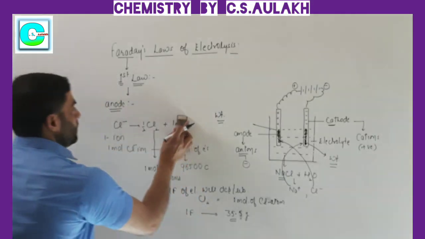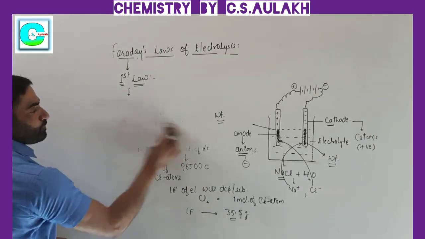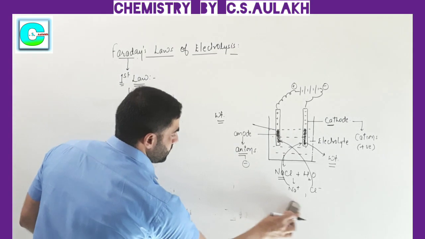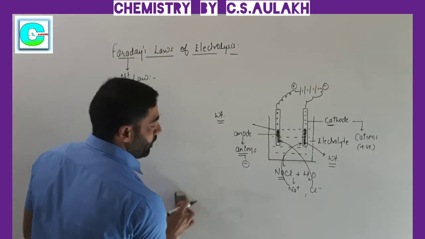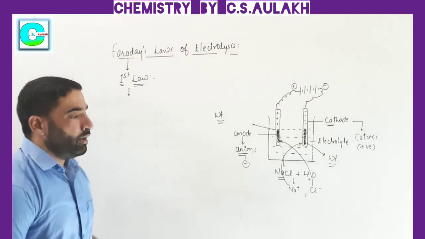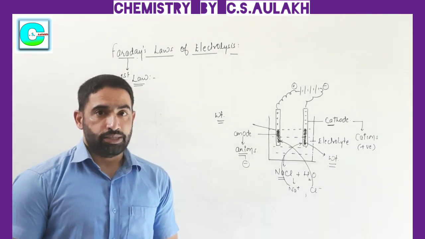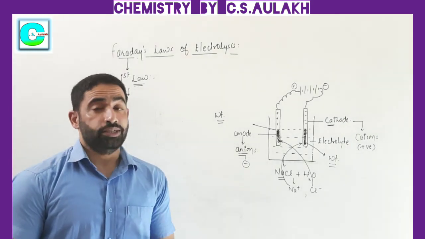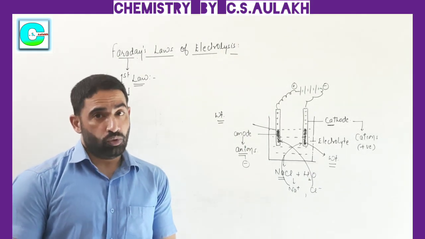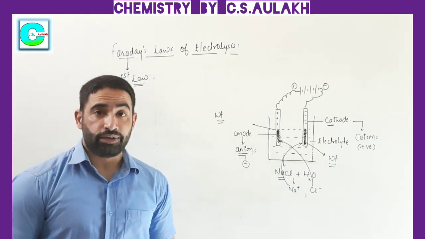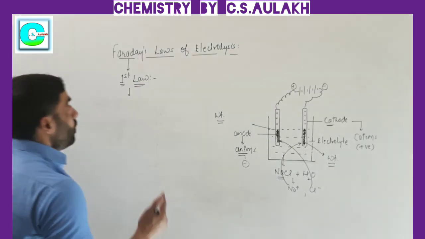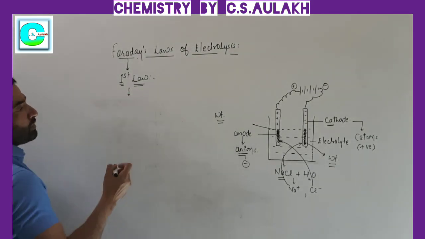For this, Faraday gave a law. So what is the statement of this law? From this calculation we have seen that if we pass a quantity of electricity, there is a deposition of some substance, and the amount of this substance goes on increasing as we go on increasing the quantity of electricity. So how do we state this law?